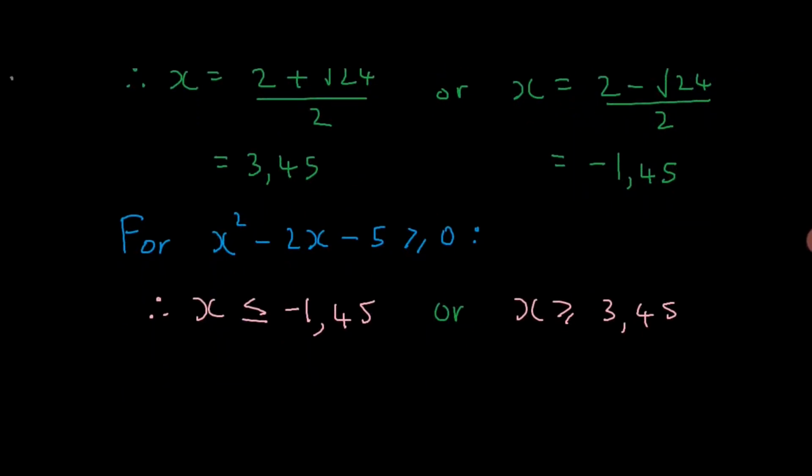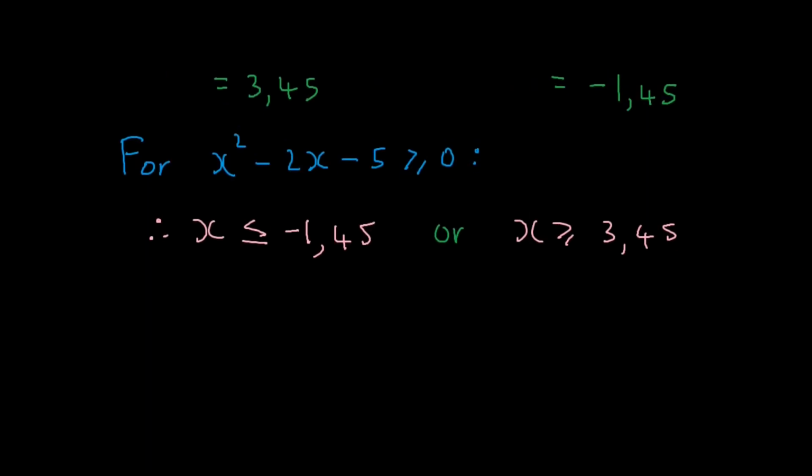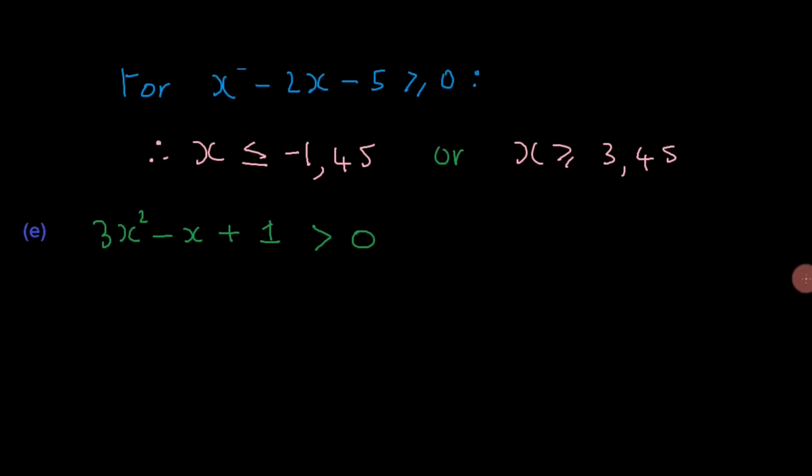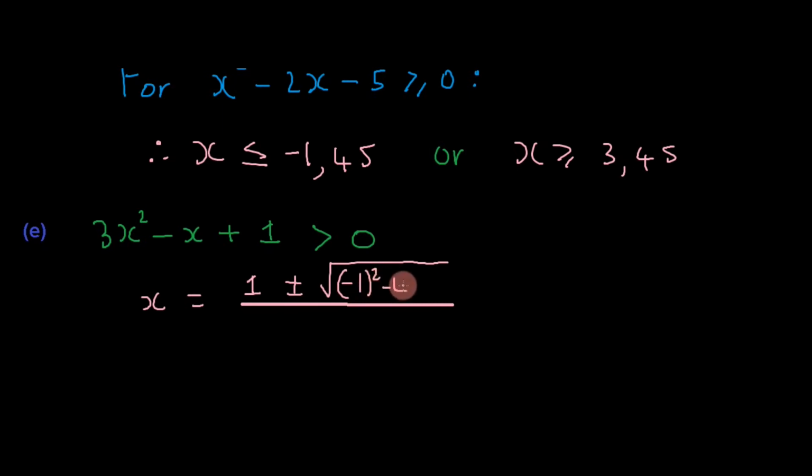Then coming to E, we have 3x squared minus x plus 1 is strictly greater than 0. The quadratic on the left-hand side once again doesn't factorize, so we can try and use the quadratic formula. So x equals minus b, so plus 1, so minus negative 1, plus or minus the square root of minus 1 squared minus 4ac.